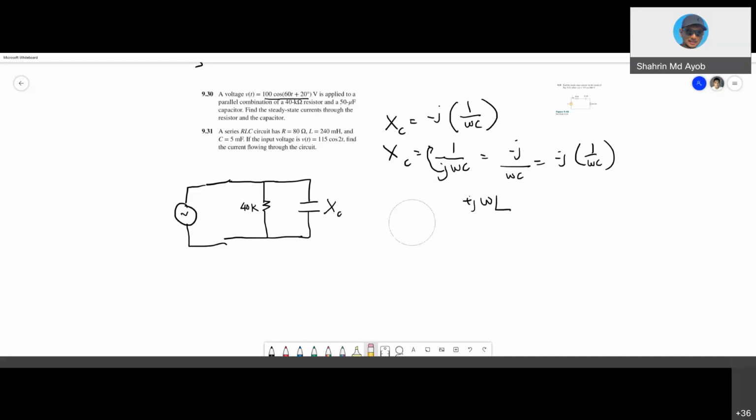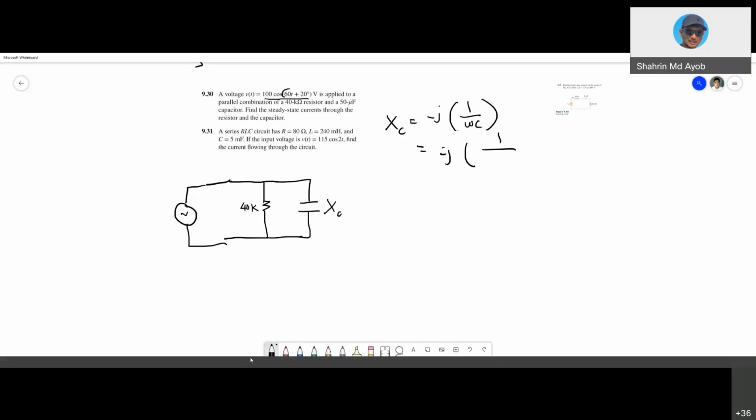So right now your Xc, you need to calculate negative j 1 over omega C. Your omega is the angular frequency, angular speed or angular velocity, which is given by the voltage source. If the voltage source is 60t, it means that all the elements operate at the same omega.